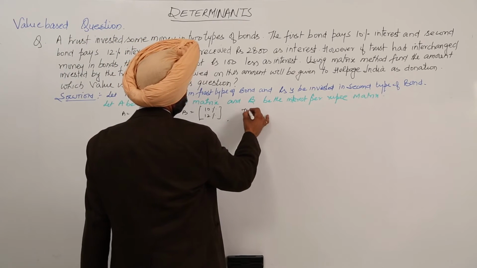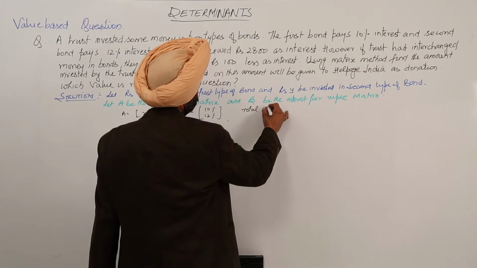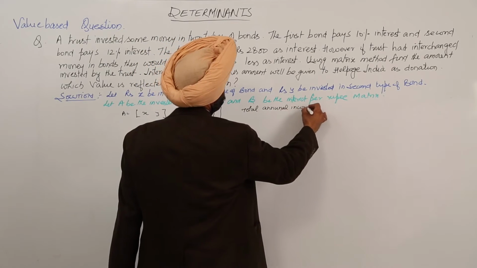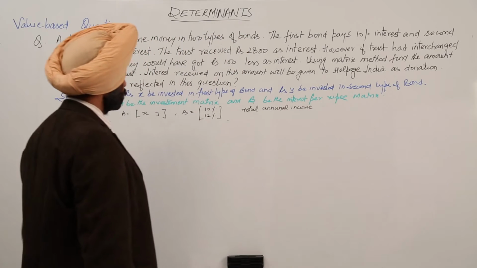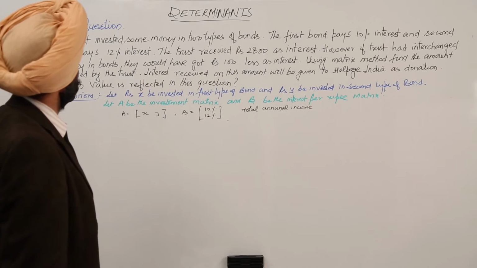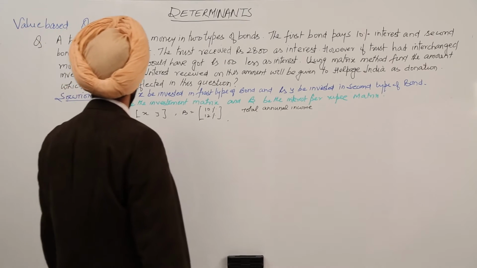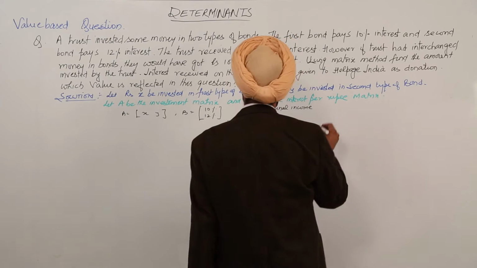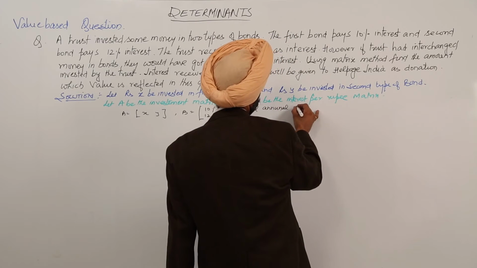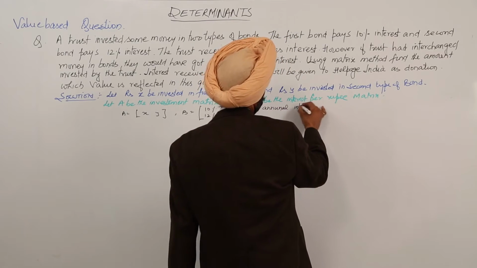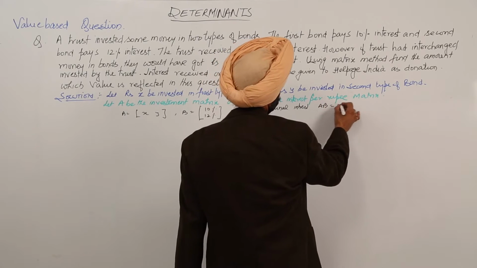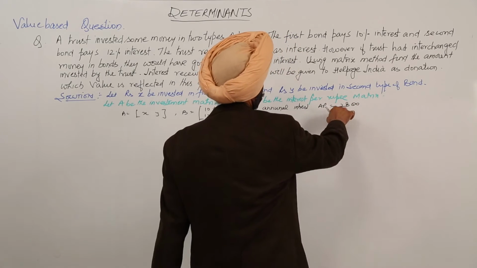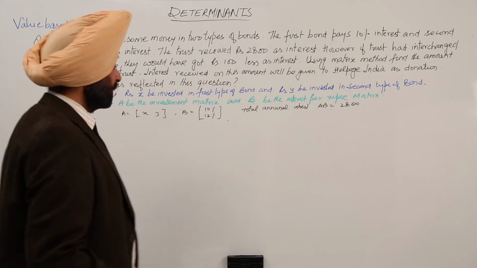Now, total annual income, or total annual interest, AB is equal to 2,800.